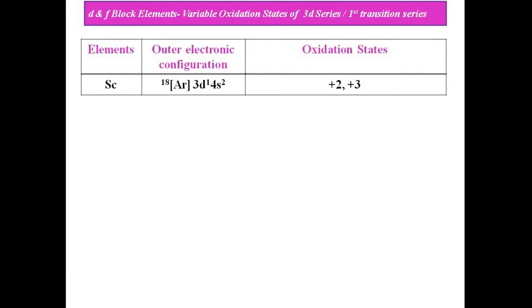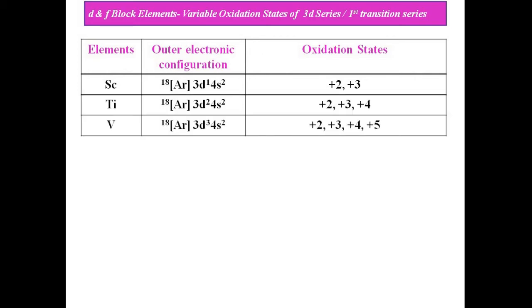Next, in this table we are going to write the oxidation states of each and every element from the 3d series, and then we will discuss them one by one. Scandium, [Ar] 3d1 4s2, oxidation states +2, +3.